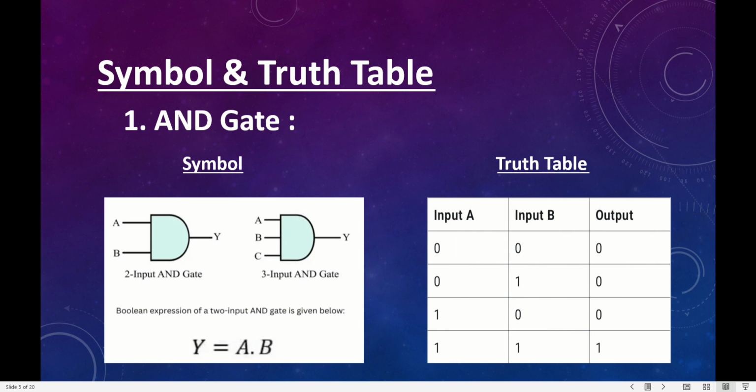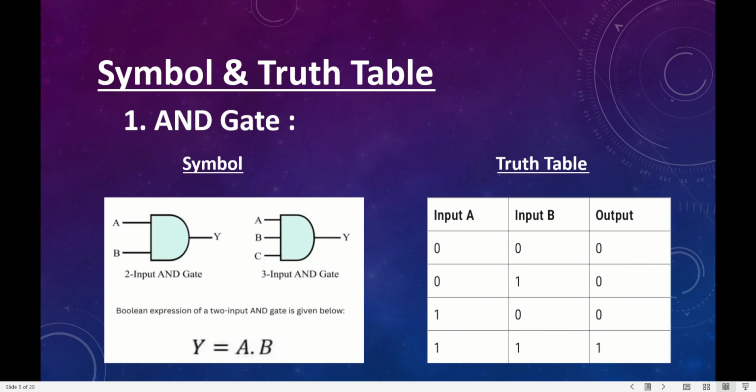And then input A is 1 and the other input is 0, it means input A is 1 and input B is 0, then the output is also 0. And then input A is 1 and input B is 1, and the output is also 1. This shows that when the 2 input signals are provided, the output shows the signal.